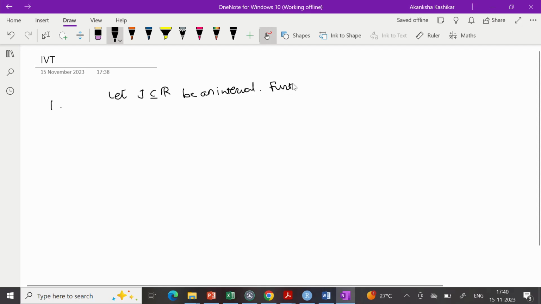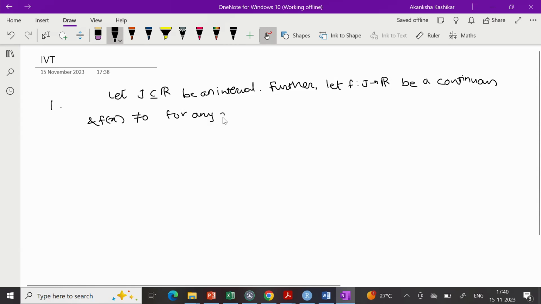Further, let f be a function defined from J to R and let it be continuous. So f is a continuous function with domain J and it's a real valued function, and f(x) is not equal to 0 for any x in J. Okay, so the function takes all non-zero values only.